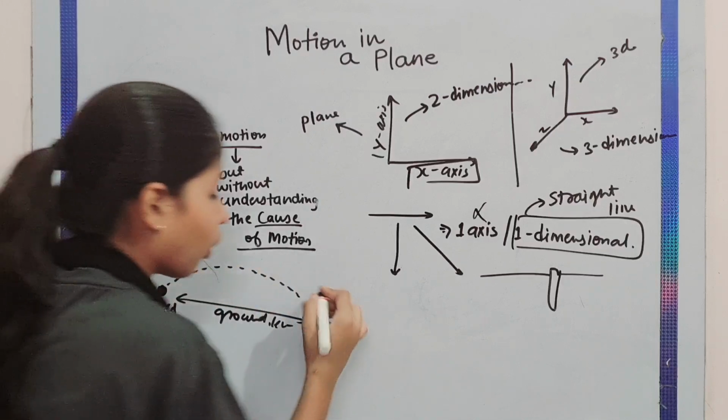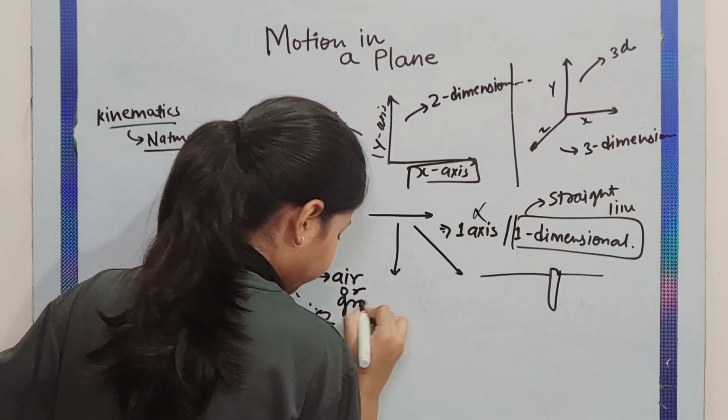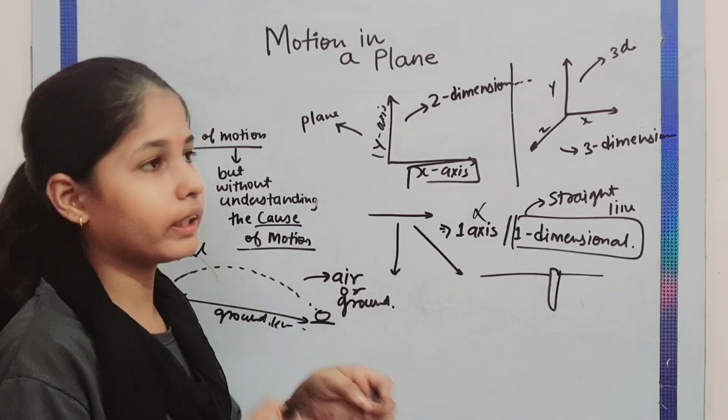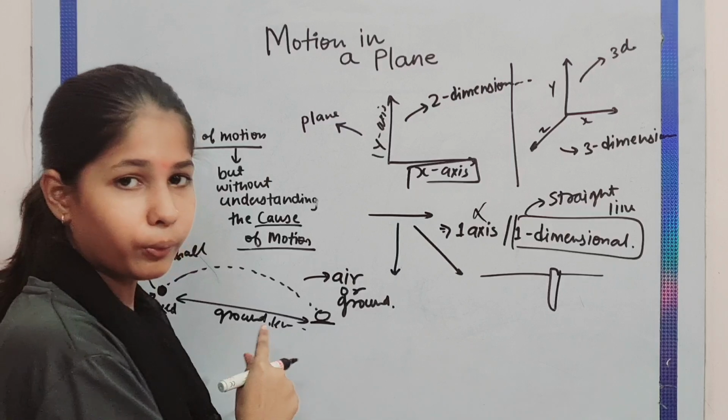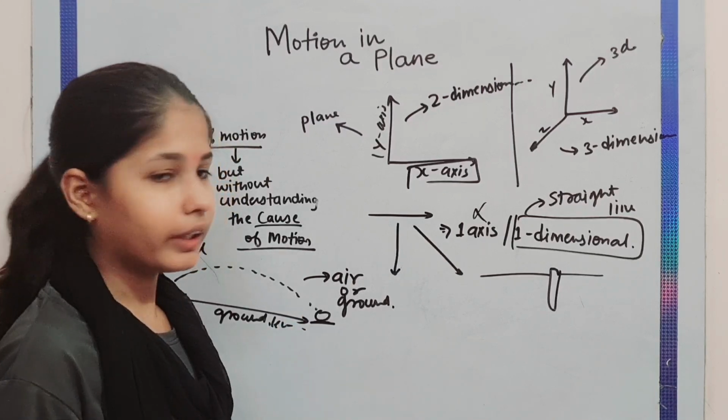Here you can see the ball is not in the air, not totally on the ground. If I say that this ball is totally in the air, will it be true? No. If I say the ball is totally on the ground, is it true?